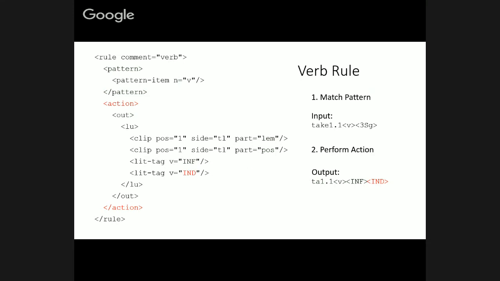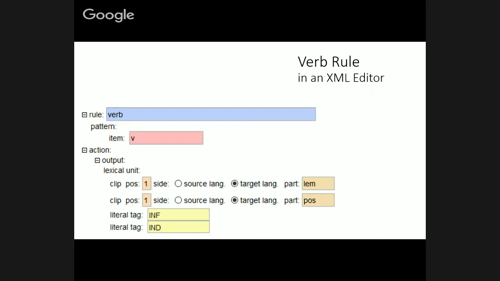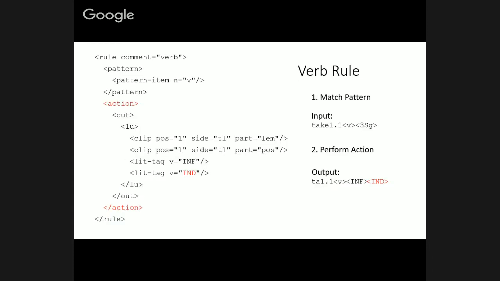And that's the rule. Now this is what it looks like in a nice, friendly XML editor, which is what our linguist would operate with. But I did want to show you what it looks like under the hood, XML-wise. Having linguists edit this would be a little bit painful for them, I think.